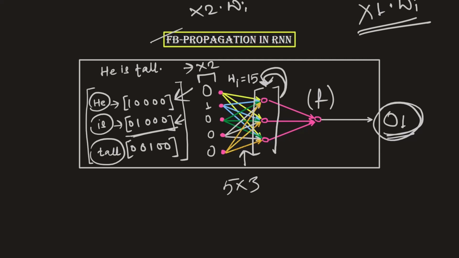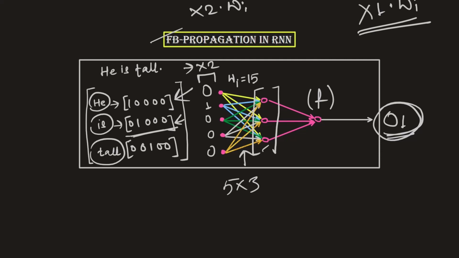And how exactly is that happening? This particular perceptron will send the feedback to itself, to this perceptron, to this perceptron. This is 3. Secondly, this particular perceptron will send back the information to this one, itself, and the third one. And the same thing will be done by the third perceptron as well. So it is going to be a 3 by 3 weights.